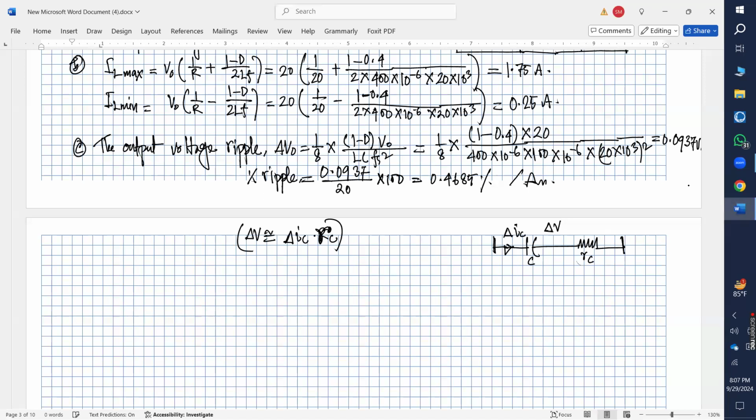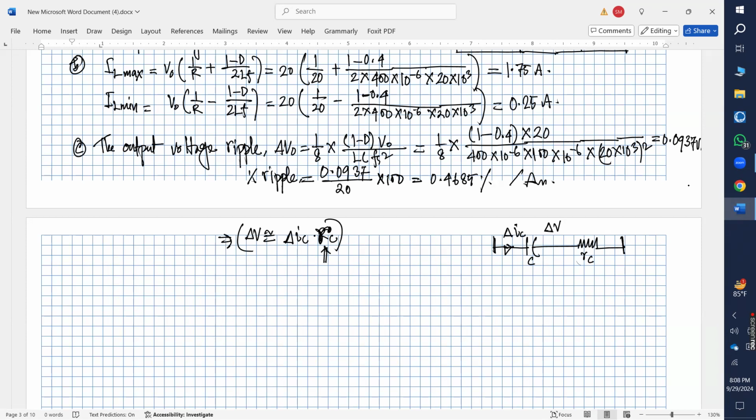Because the capacitor voltage drop, in practical cases, is very small compared to what is being dropped across the resistance. So you have to remember this: whenever there is a ripple at the output of the load, this resistance is the key influencer.